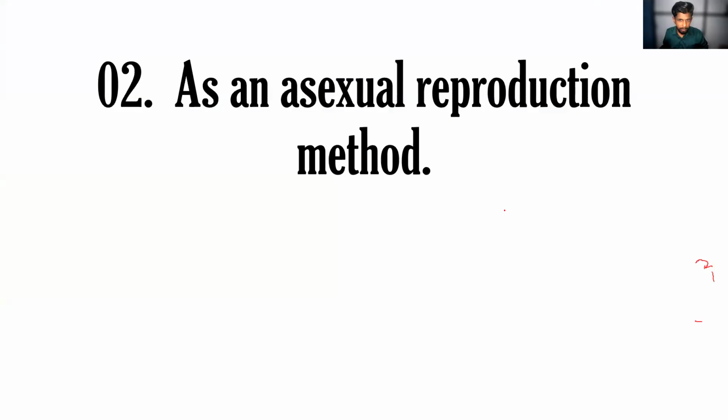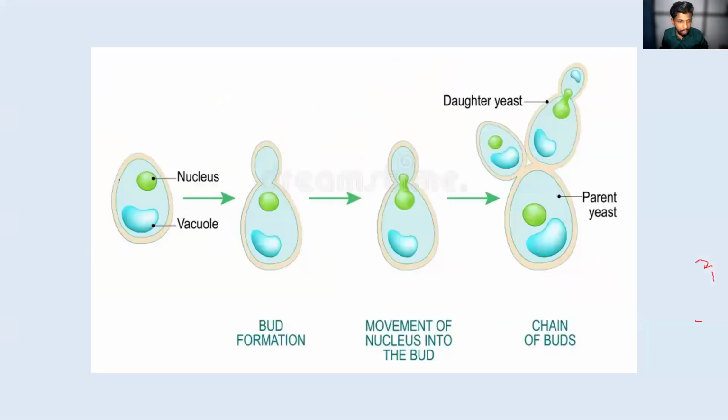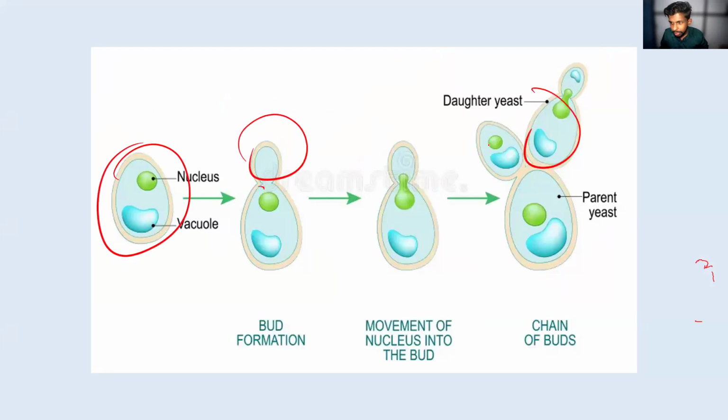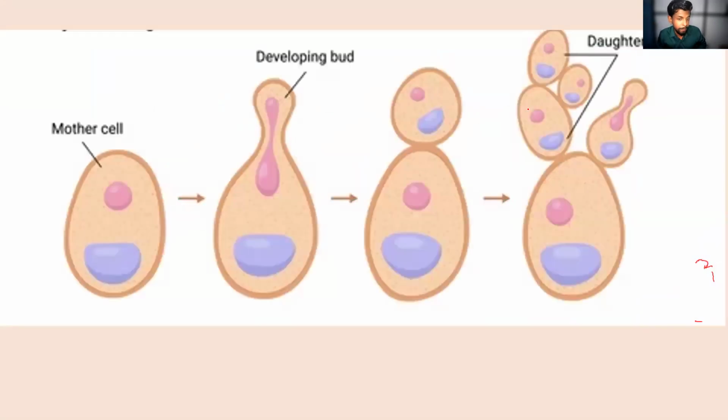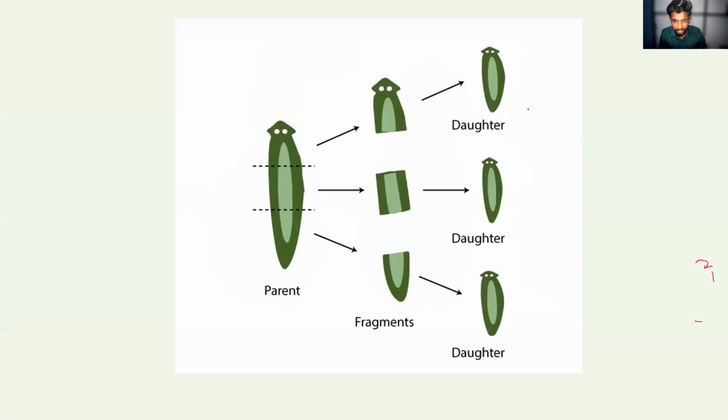For asexual reproduction, here a cell is there, it has been copied, and new cells are formed. Here new cells will be formed by copying, right? Mitosis means just copying the cells. Here we have 500 cells, the remaining 500 will be copied. So for asexual reproduction, we need mitosis.